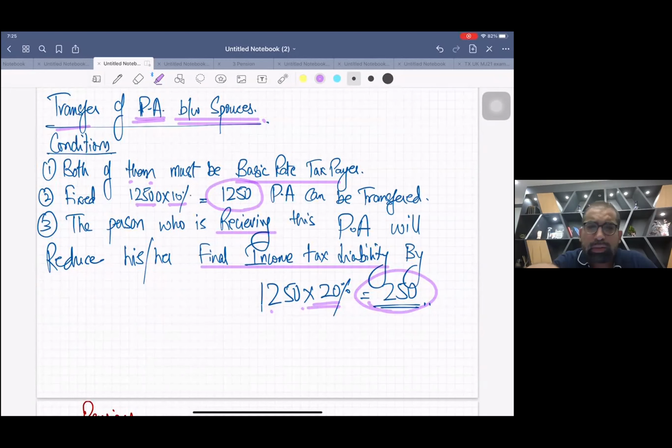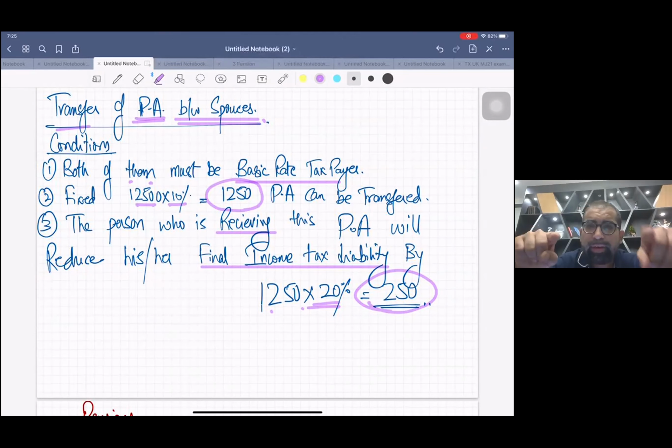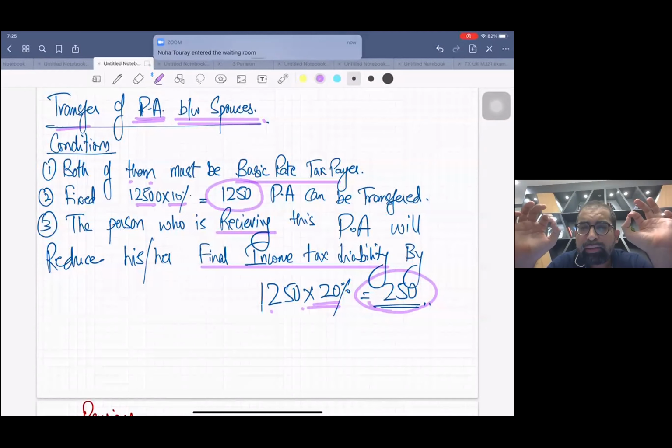So yes, you can transfer. How? The first condition is that both husband and wife must be basic rate taxpayers. This is the first condition of this transfer.